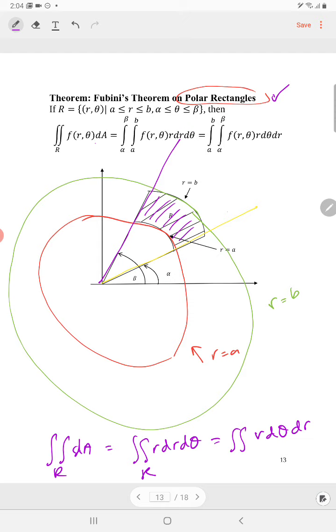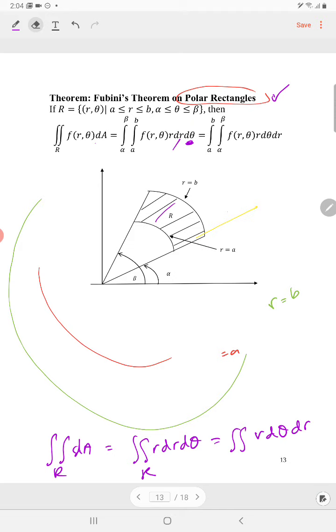So now let's look at the limits. So for theta, okay, I'm going to erase this bit. Theta is going to be from alpha to beta. So here, if you want to know which one is the lower limit for theta, you just draw an angle from the positive x-axis in an anti-clockwise direction.